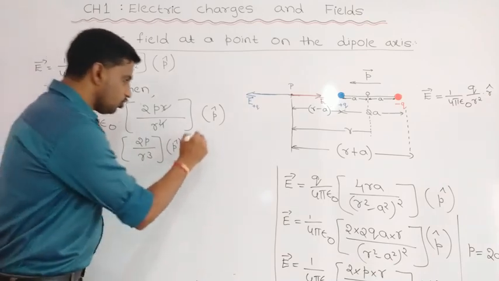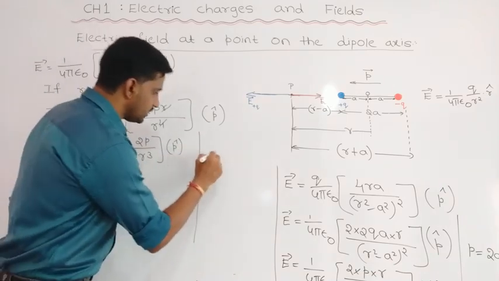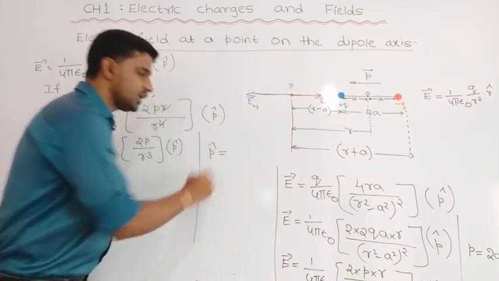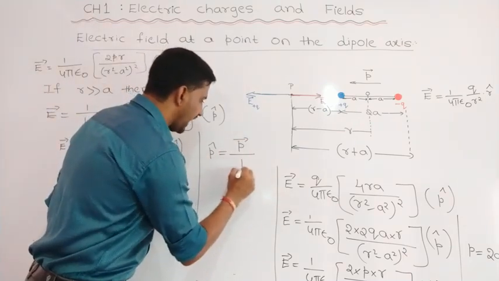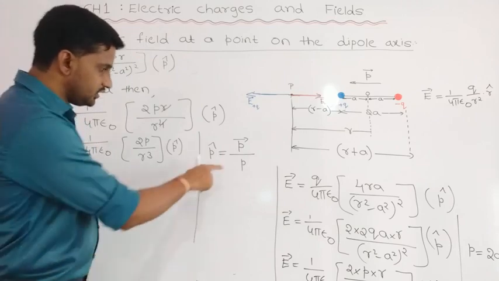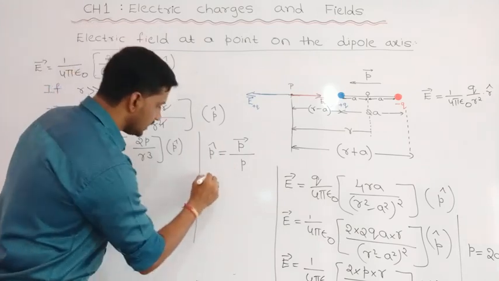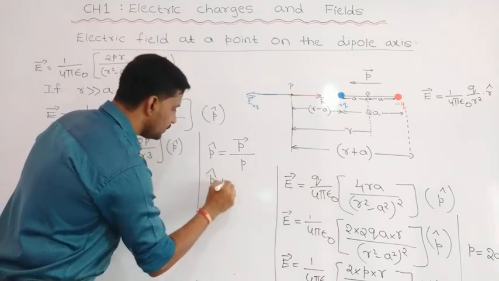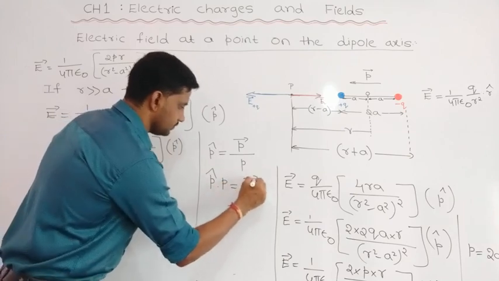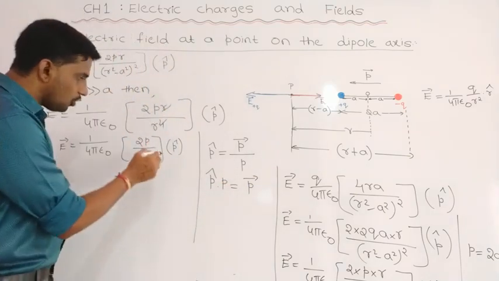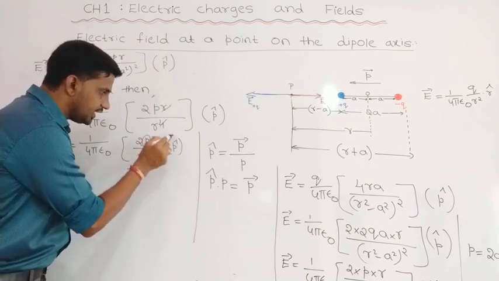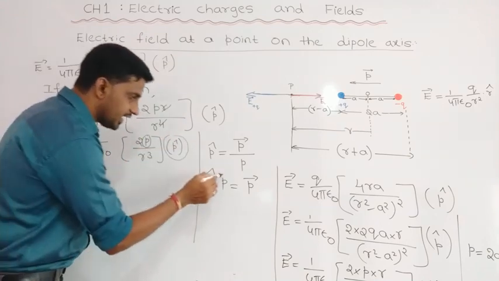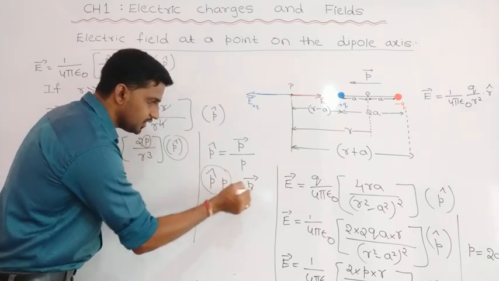But we know that the unit vector p cap can be written as p vector divided by magnitude of p. Then p cap into p is equal to p vector. If you observe in this equation, it is the magnitude of p and a p cap, so I can write p cap into p as the p vector.